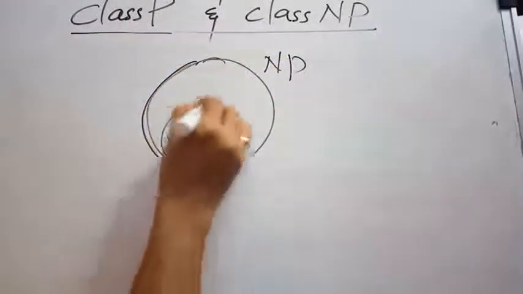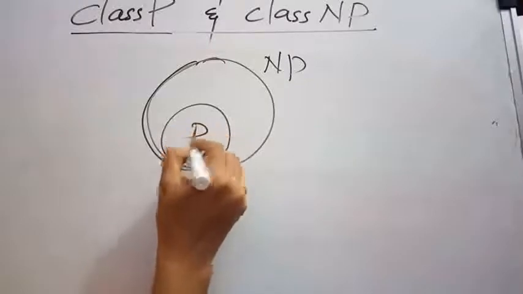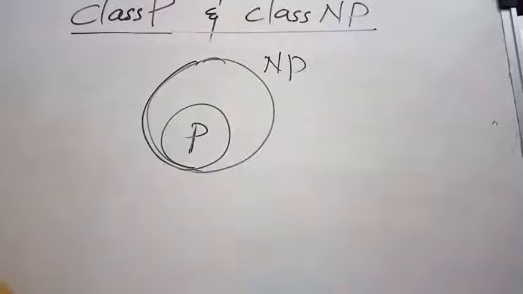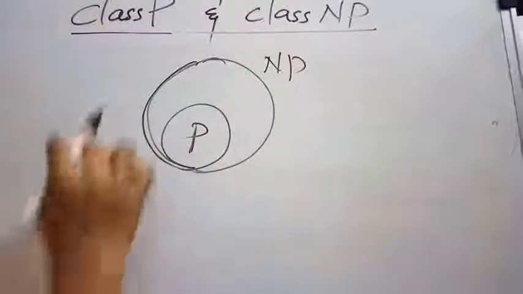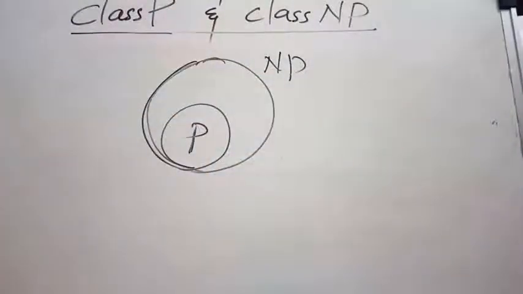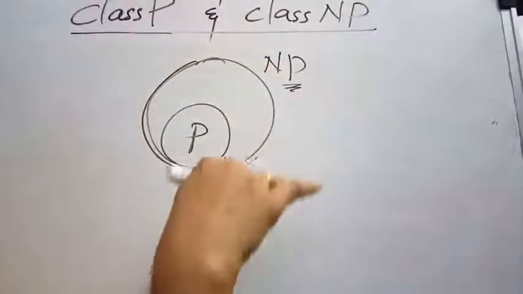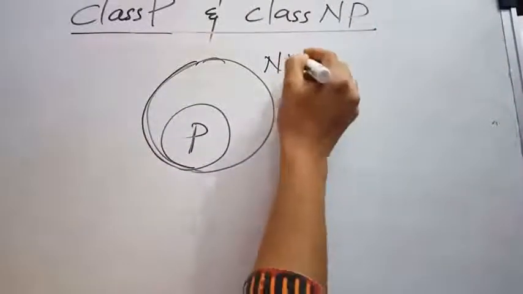The class P problems are a subset of NP. It is always a subset of NP, because we know that the NP problems are also verifiable in polynomial time, right? That is how class P comes into the set of NP. Also, we can expect that in future NP problems can be solved in polynomial time, because so far we don't know how.